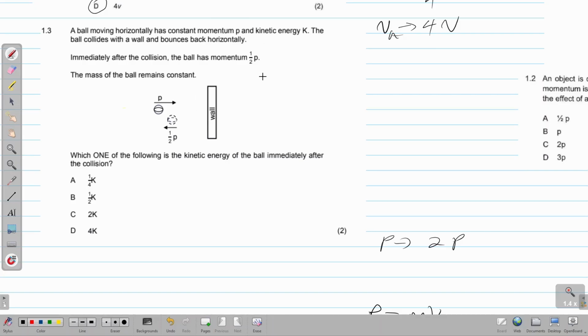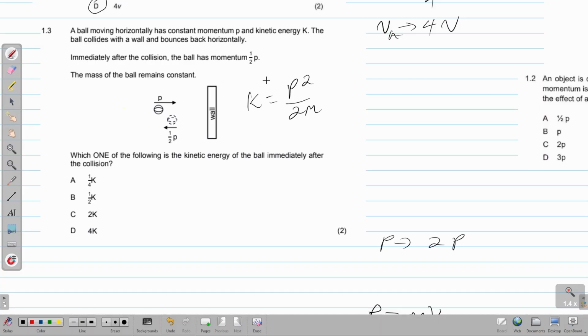We must recall from the proportionality videos that kinetic energy, in terms of momentum, is K equals p squared divided by 2 times mass. So this is the initial kinetic energy of the ball. This relationship states that the kinetic energy is directly proportional to the square of momentum.